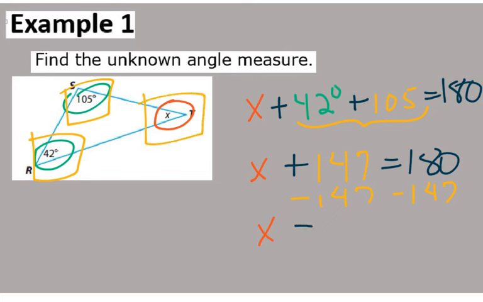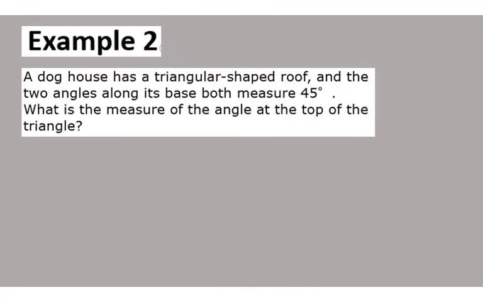So x is going to be equal to 180 minus 147. We have to borrow from the 8, make it a 7, so the 0 becomes a 10. 10 minus 7 is 3, and 7 minus 4 is 3. And we understand that x is 33 degrees.